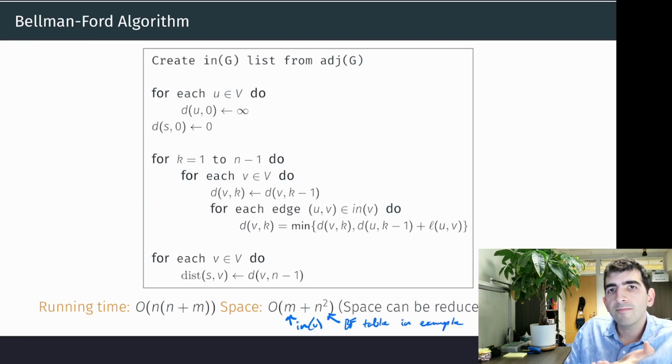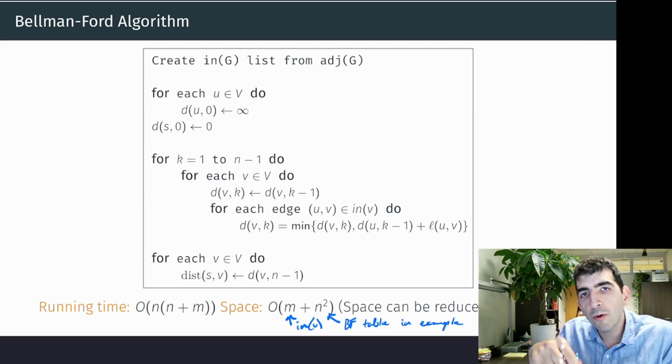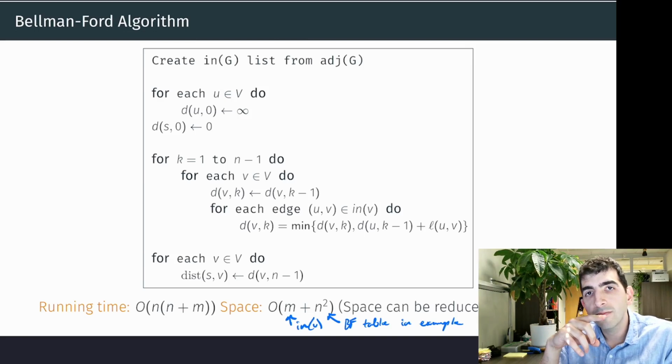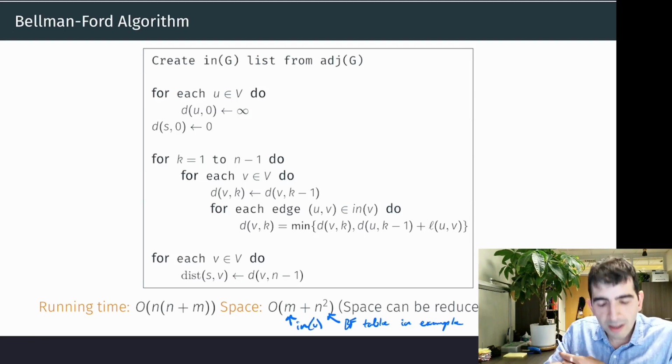But wait, you might say, do we actually need to consider that whole table? Because remember, when we were going through the example, we were only referring to the row directly above, the k minus 1 row, for each calculation. We never looked at the earlier rows. So we don't really need an n squared table.